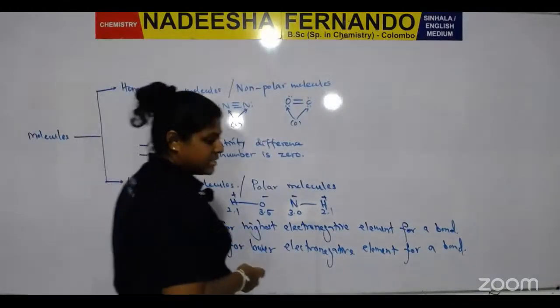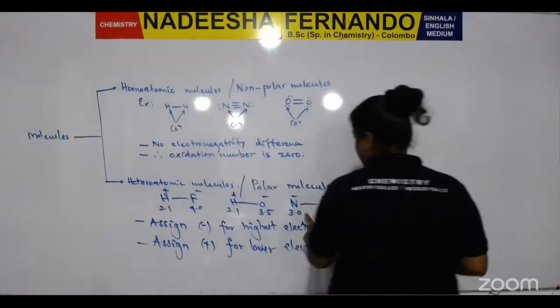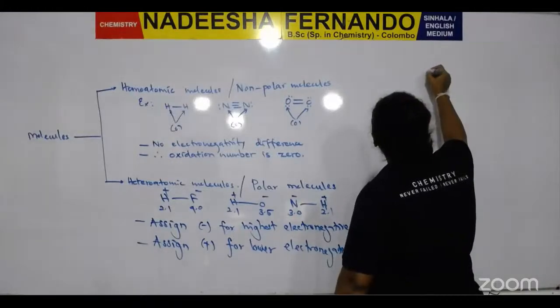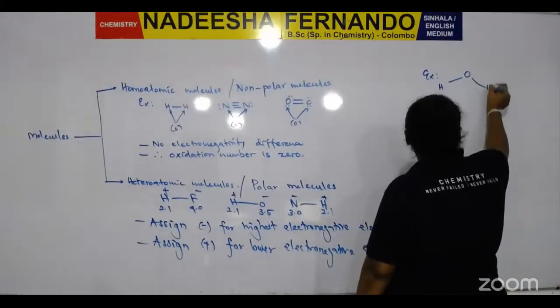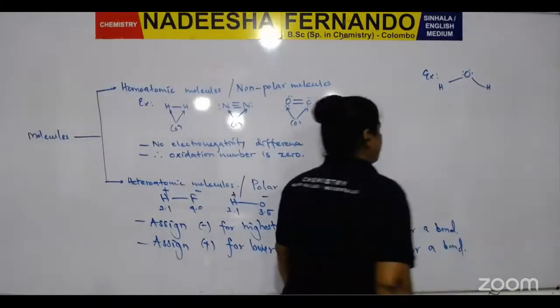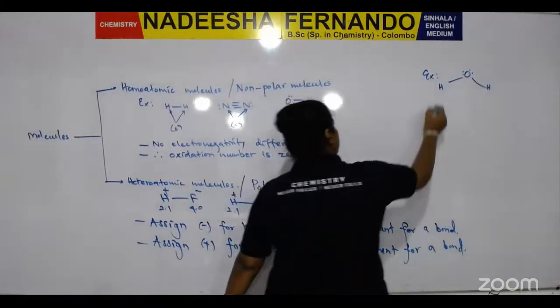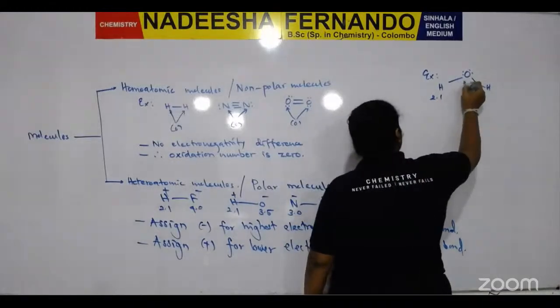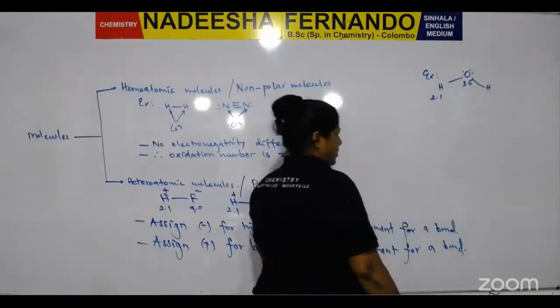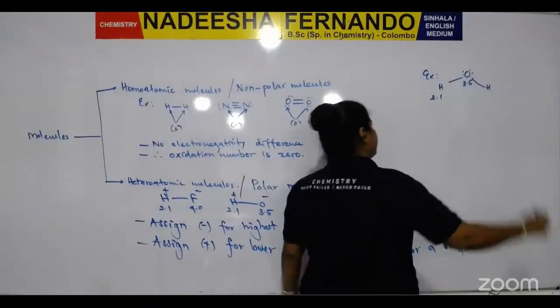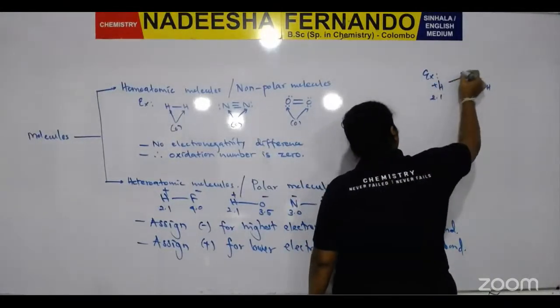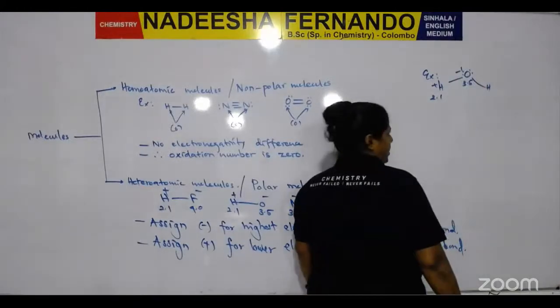Right? On the same point, if I take a water molecule here, it has two OH bonds. Hydrogen has 2.1, oxygen has 3.5. Because of this bond, hydrogen takes +1, oxygen takes -1.